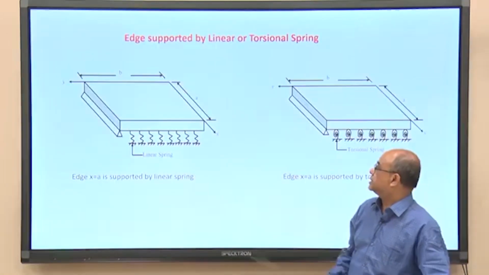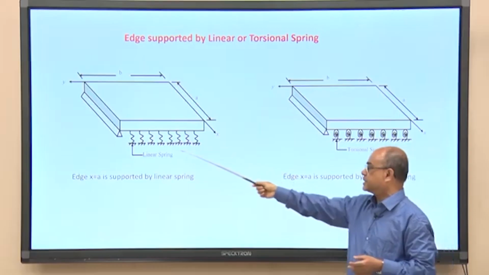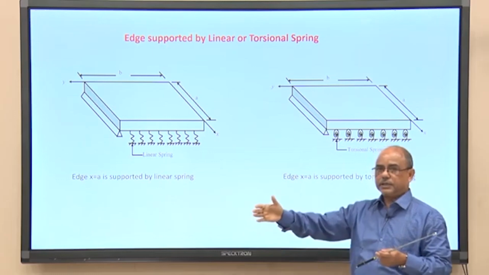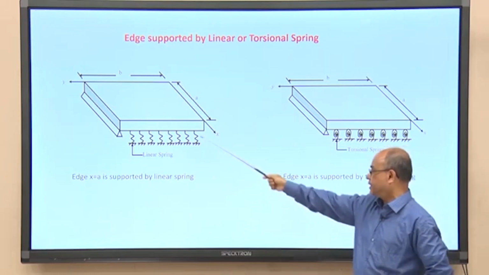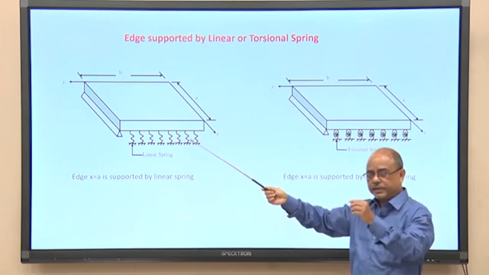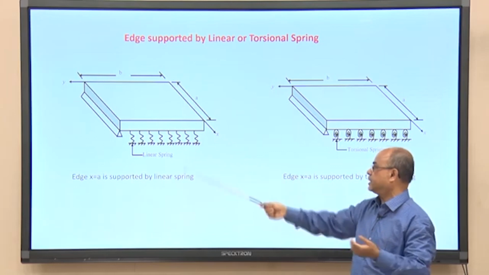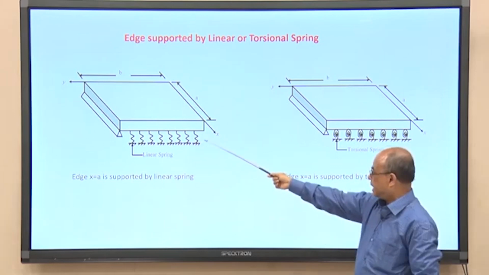Now, there may be a case when one of the edges is supported by a linear spring, continuously distributed. There is no break, although in the figure you can see a break, but it is with very close spacing. So, it is a distributed spring acting on this plate edge.